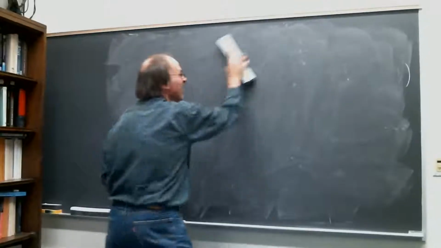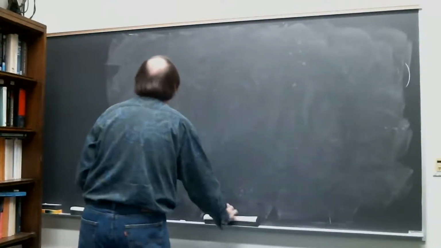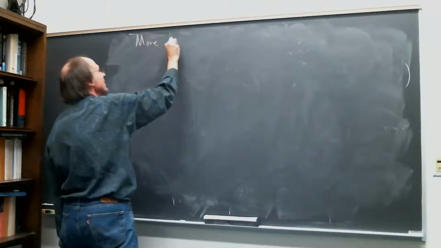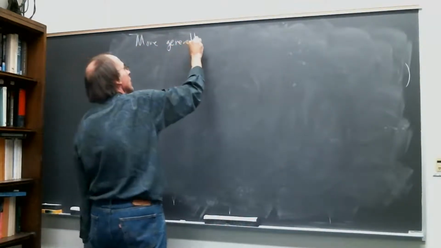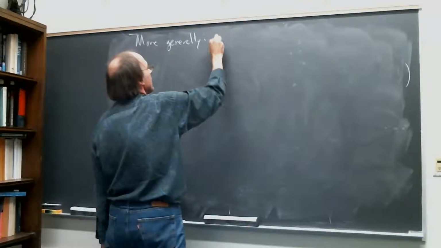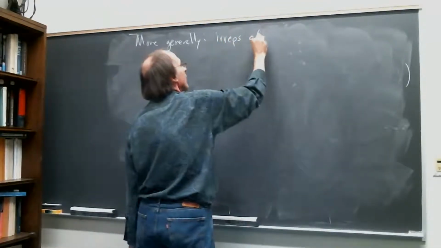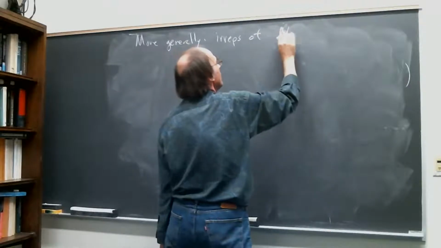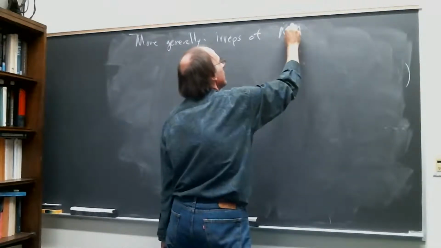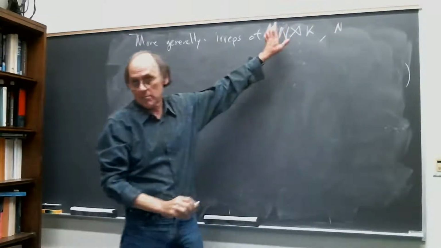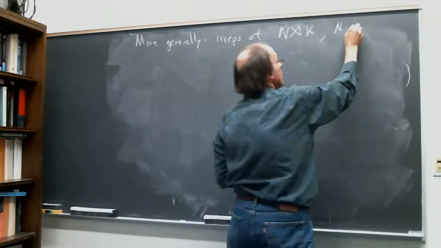Okay, so more generally, let's ask about the irreducible representations of N semi-direct product K, and what we're going to make special about this is that N is commutative.